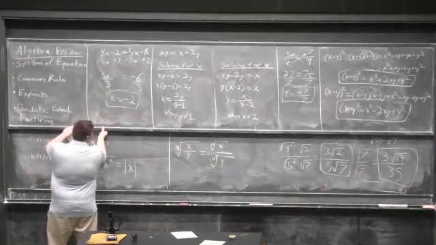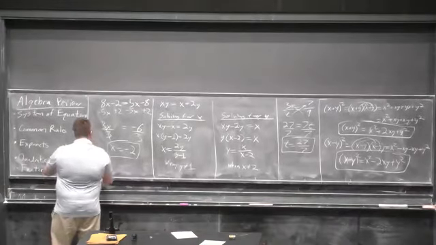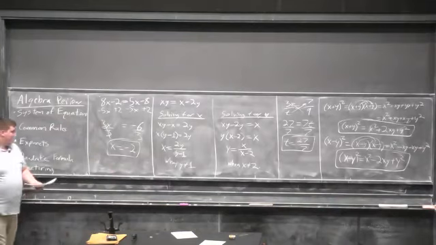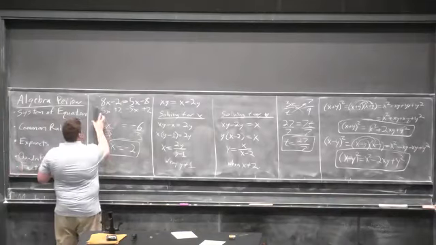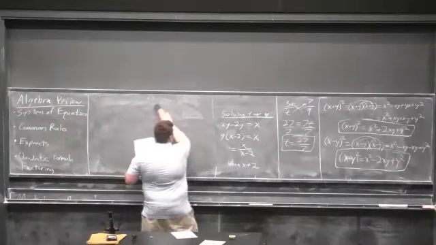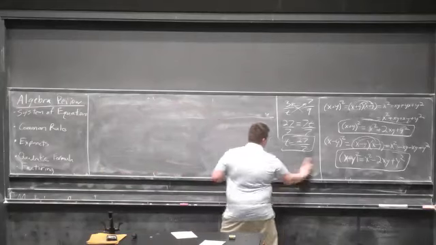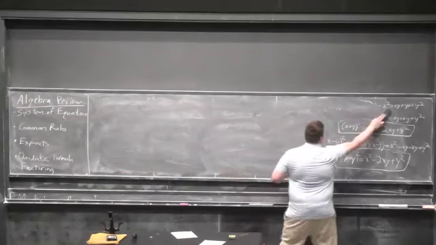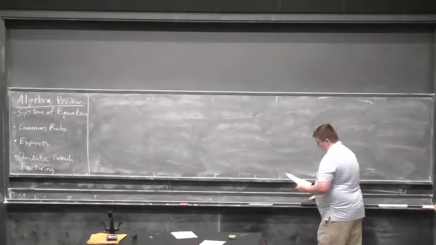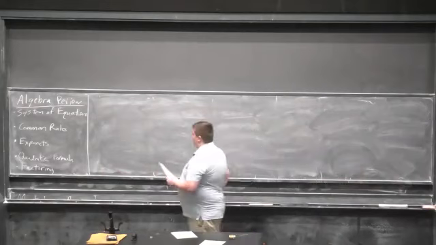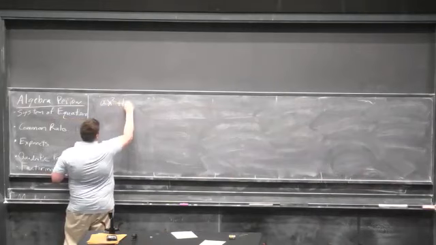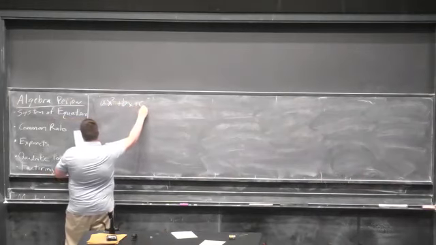The last bit that I want to cover is quadratics for the algebra part of the review. So the general form of a quadratic equation is ax squared plus bx plus c.